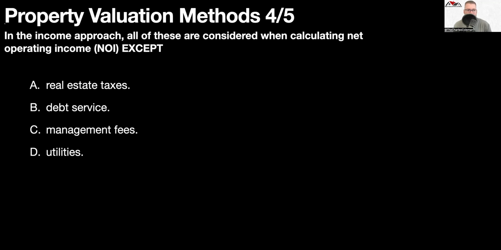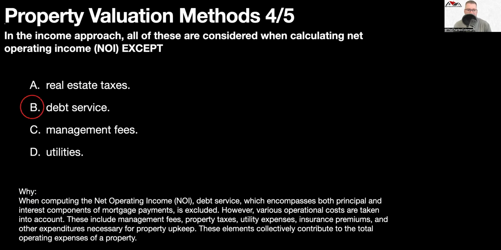Question number 4. In the income approach, all of these are considered when calculating net operating income, NOI, except debt service. When computing the net operating income, the NOI, debt service, which encompasses both principal and interest components of mortgage payments, is excluded.